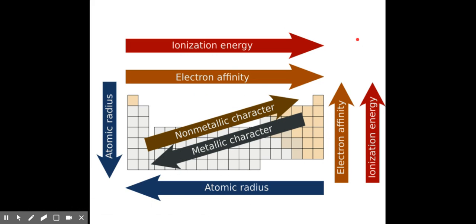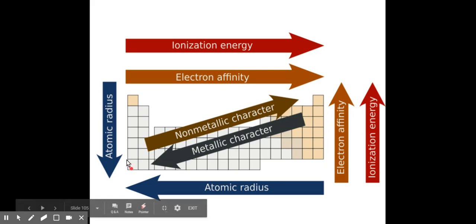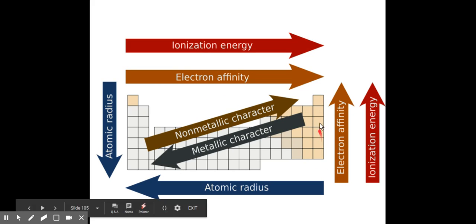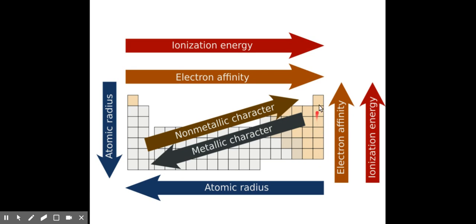This slide sums up the whole thing in a pretty good picture. Just try to remember this. Remember that we have atomic radius down here. We have Big Francis down here in the corner. And then the ionization energy and electron affinity, we have fluorine over here on the right. We pretty much exclude the noble gases whenever we look at these trends.